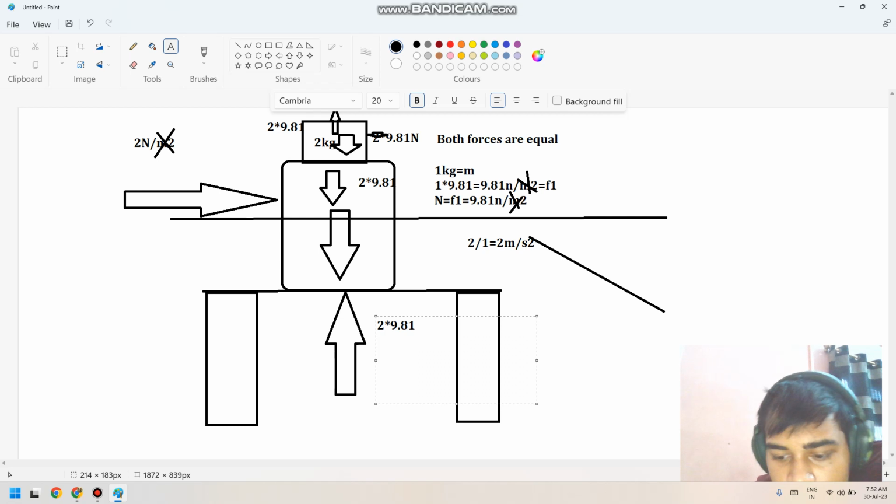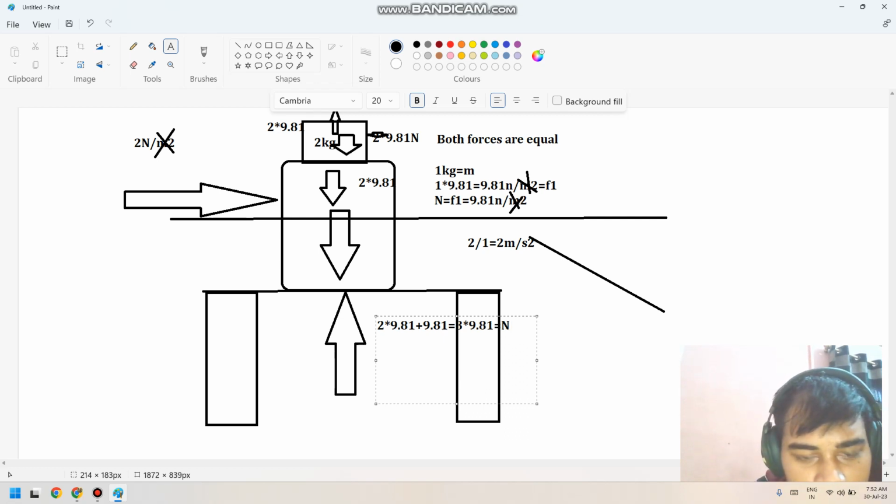2 times 9.81 plus this value 9.81. Okay, two forces acting. So the normal force acting by this table on this block will be this value, that is 3 multiplied by 9.81.